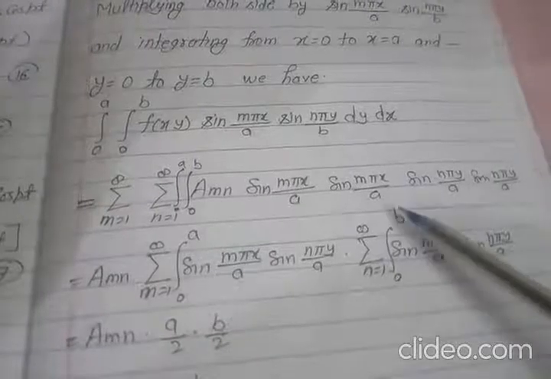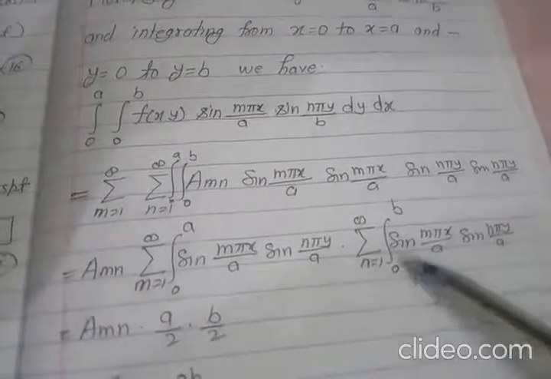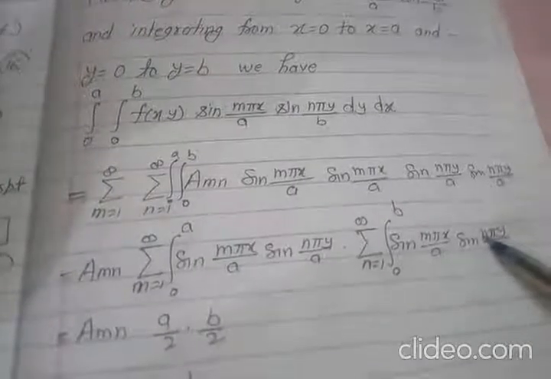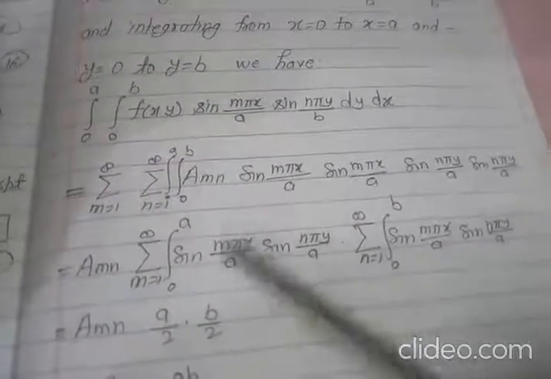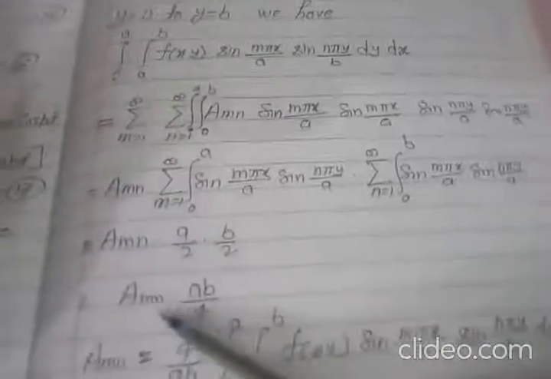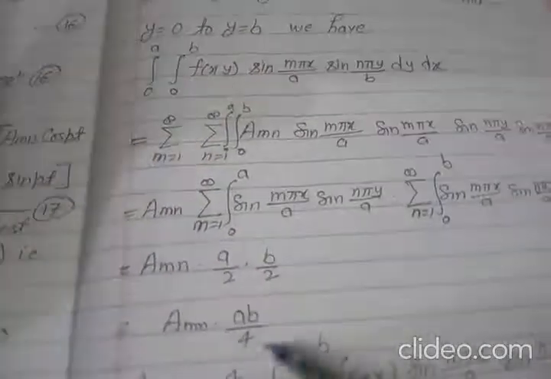Similarly, this will give the value b/2 for m equal to n only, and for other values this will be 0. So the equation reduces to A_mn times a/2 times b/2, which is A_mn times ab/2.